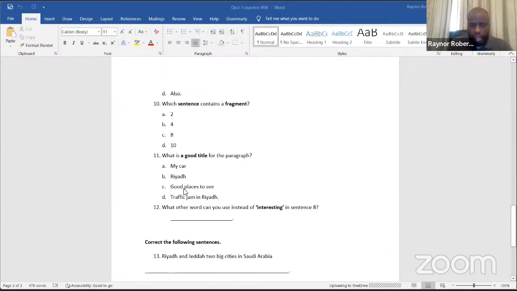The answer cannot be Riyadh because the paragraph is not about Riyadh. It's not about places to go see, and it's not about traffic jams. These are all details. The topic of this paragraph is his car and how the author uses his car.